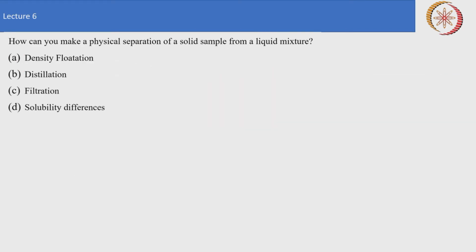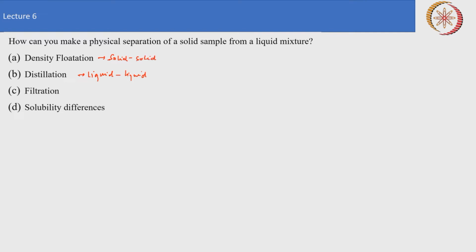So floating is solid to solid separation, and from liquid to solid separation, that is filtration. And the other one is distillation. Distillation is basically for liquid separation. Suppose you have a mixture of two liquid samples, then you can separate one liquid from the other.